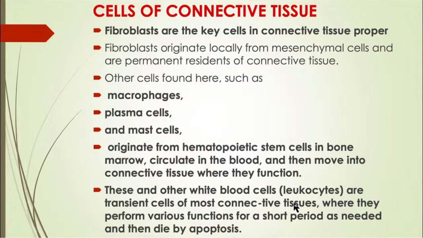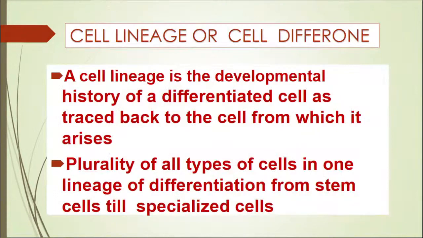These and other white blood cells, leukocytes, are transient cells of most connective tissues, where they perform various functions for a short period, and after that can die by apoptosis. Ordinarily, all blood cells can die in the spleen, for example.